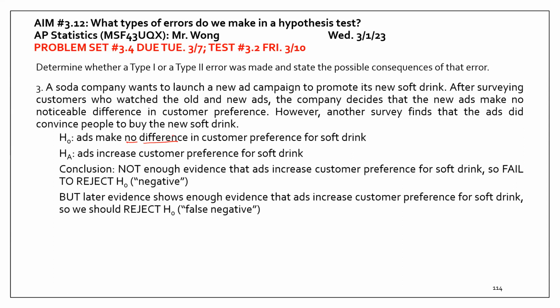Well, if we go through this step-by-step procedure to work this out, we can see that if we wind up with a false negative, that means that we failed to reject the null hypothesis, but we actually were incorrect in doing that. So we incorrectly failed to reject the null hypothesis. That would be a type 2 error.